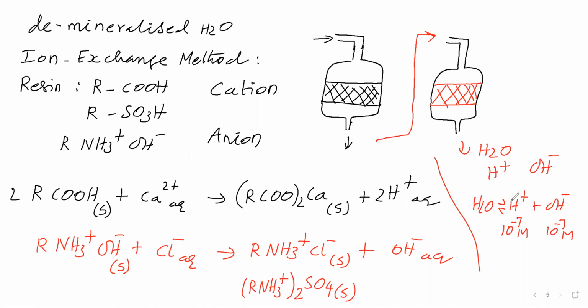Now, after a certain time, what happens is this cation exchange resin gets exhausted. That means RCOH completely becomes RCO twice Ca.